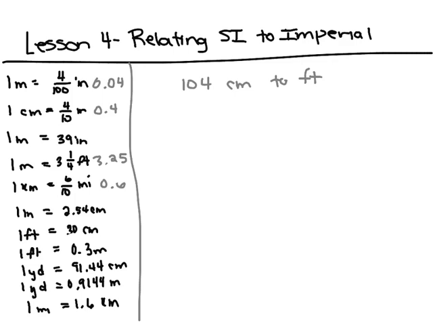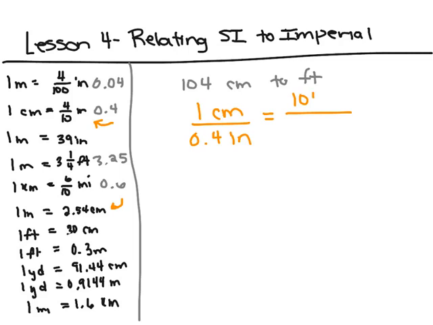Now we're going to convert 104 centimeters to feet. So the only proportion that we have are inches to centimeters or centimeters to inches. So we're going to first convert it to inches, and then we can convert it to feet. So 1 centimeter is 0.4 inches.